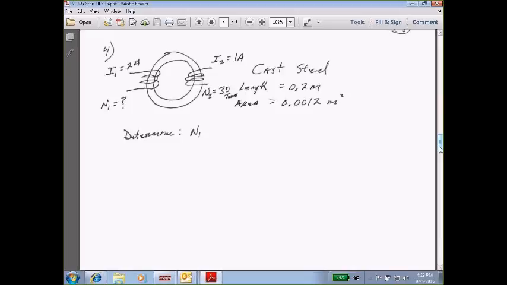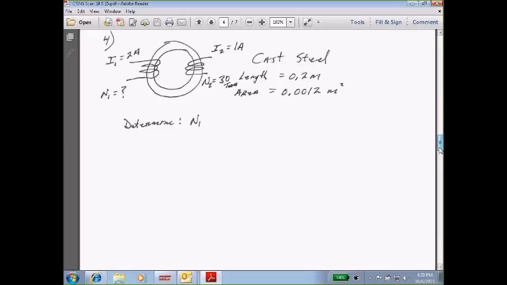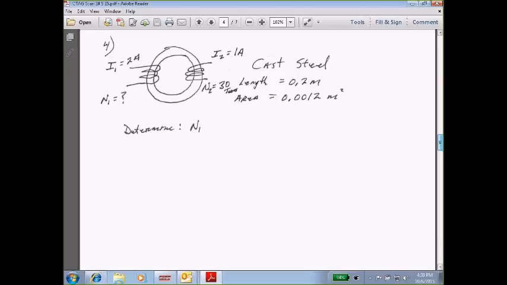Sorry about that. So make that notation on that problem, that the flux is equal to 12 times 10 to the negative 4th Weber, as it was on our previous problem. Okay, questions on that one?